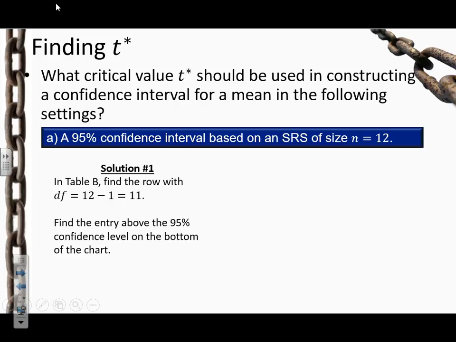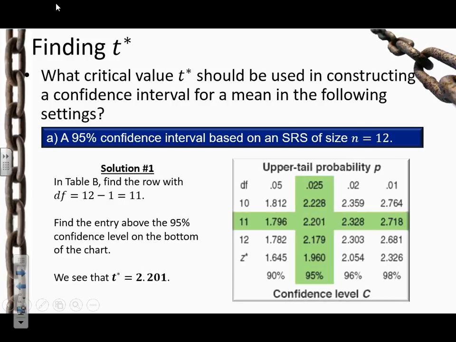So you go to degrees of freedom 11, go over to 95% for your confidence level, and where they meet will be your t star. In this case, we get a t star value of 2.201.